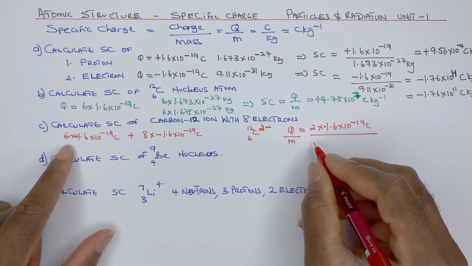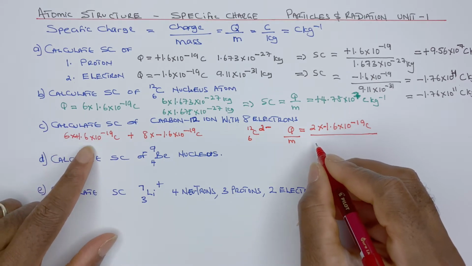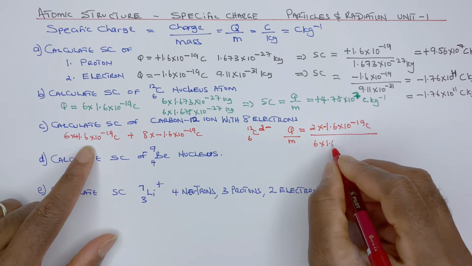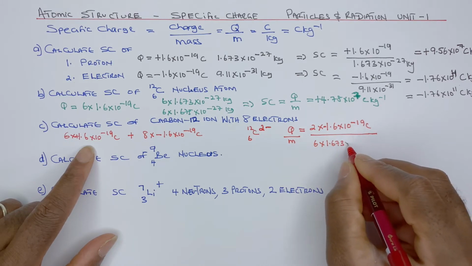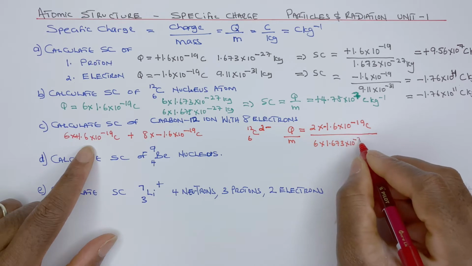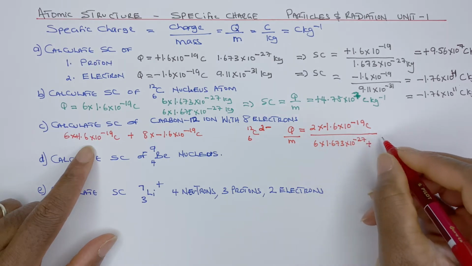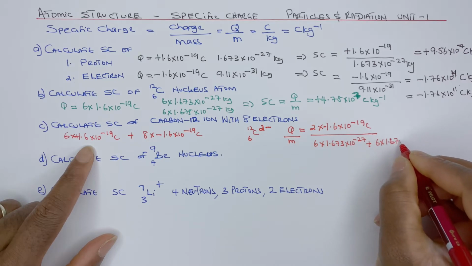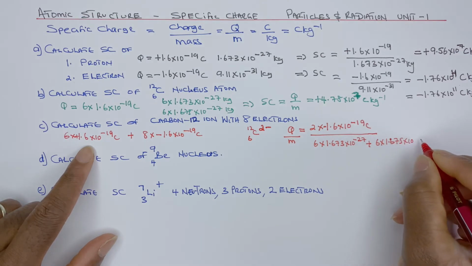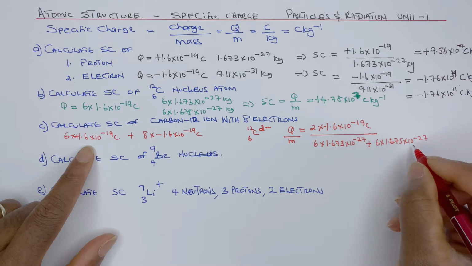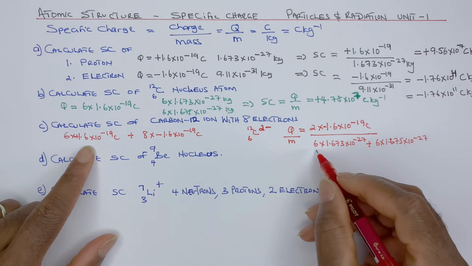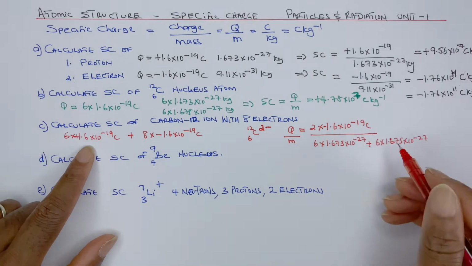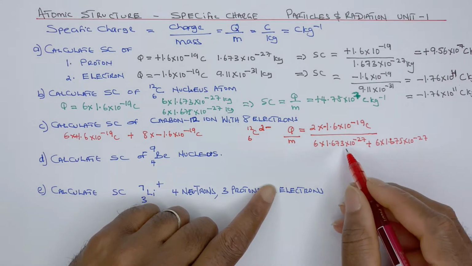We've got 6 protons and 6 neutrons, so that would be 6 times 1.673 times 10 to the power minus 27 plus 6 times 1.675 times 10 to the power minus 27. Or you could do a rough estimate of 12 times 1.673 times 10 to the power minus 27, because these are very close together.